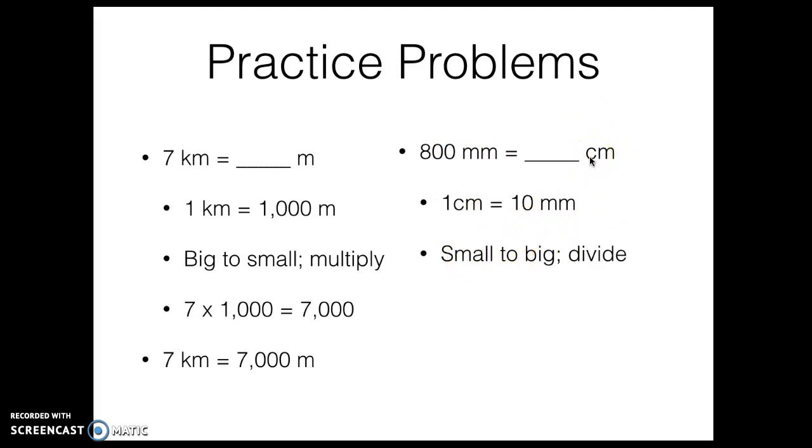So get yourself really small and then get really big because I'm going from a small that I know to a big. Small to big is divide. You should look like a division symbol if you have your arms out wide. So go ahead and divide 800 by 10 and you'll get 80. Therefore, you can just go ahead and record 80 up here. 800 divided by 10 is 80, or write it out. 800 millimeters equals 80 centimeters.